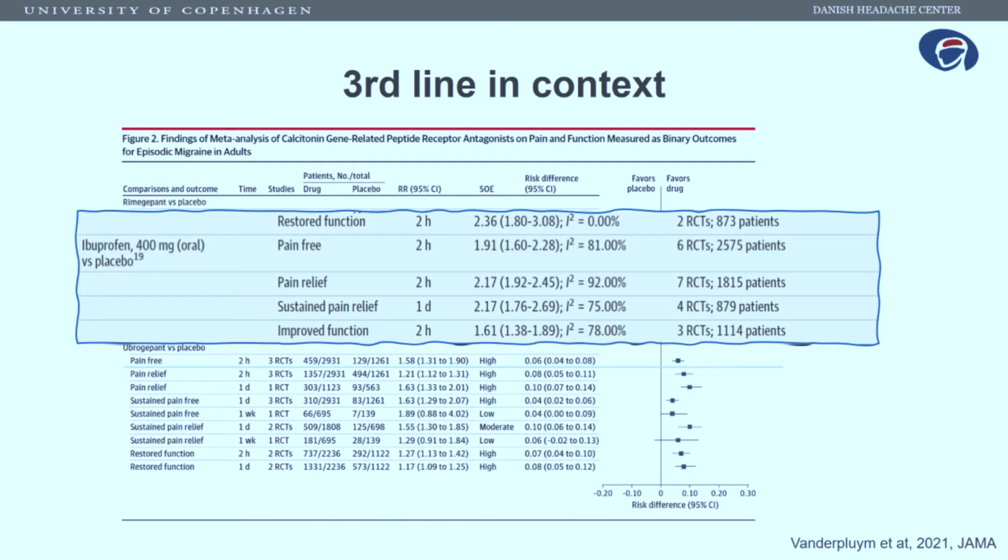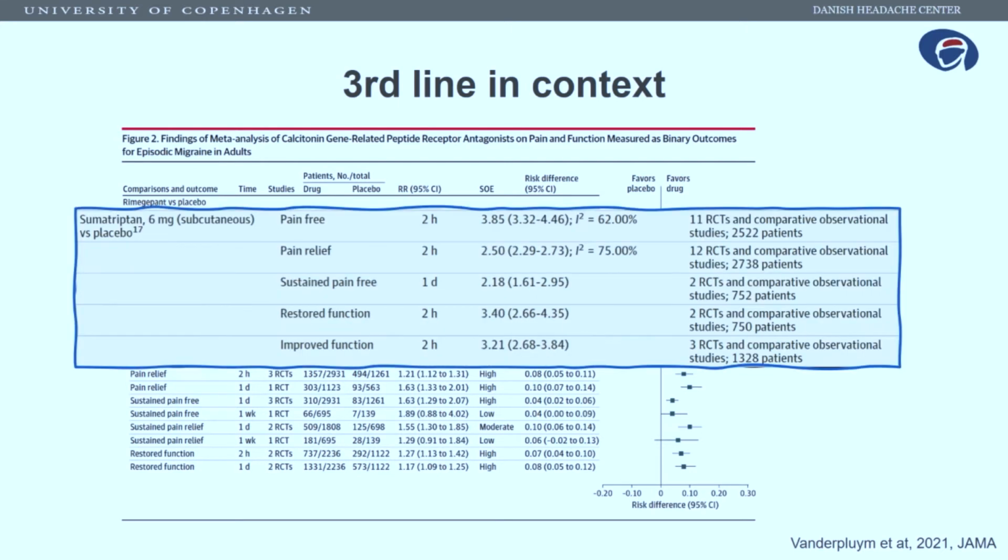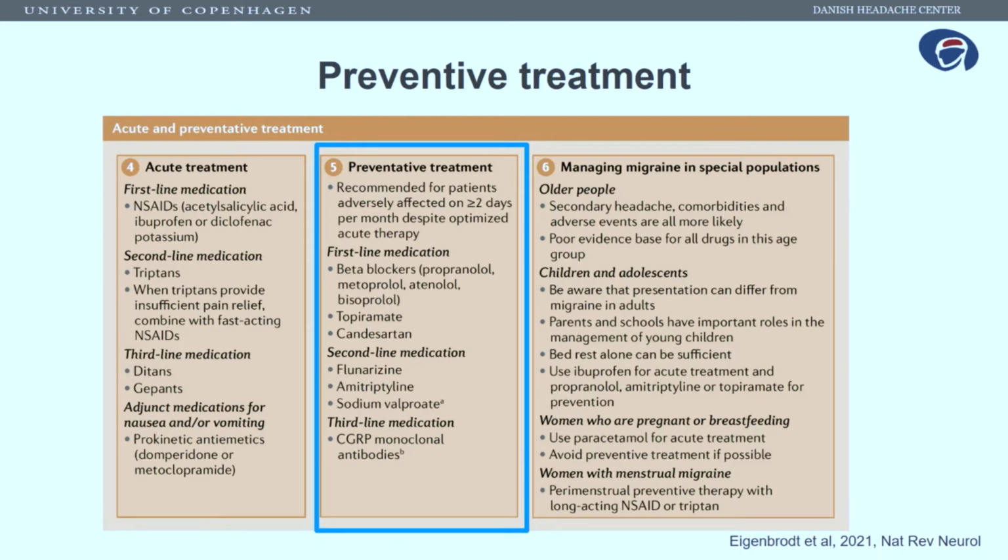It's not comparative trials, so it's a parallel study, but still, to look at it versus ibuprofen, the pain freedom at 2 hours is 1.9, so more than the two previous. And sumatriptan sub-Q, again, pain freedom at 2 hours is a risk ratio of 3.8. So there's really something to beat when making new drugs for migraine.